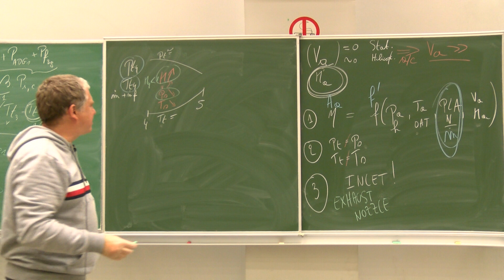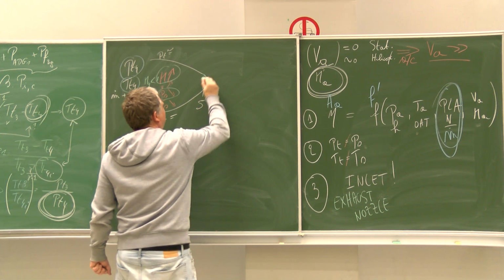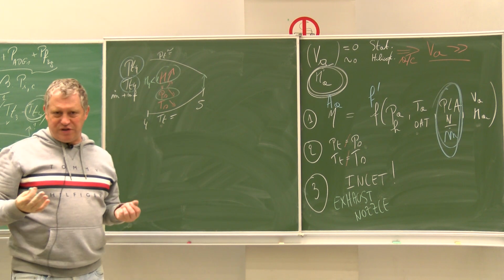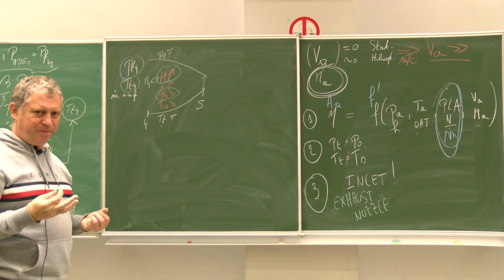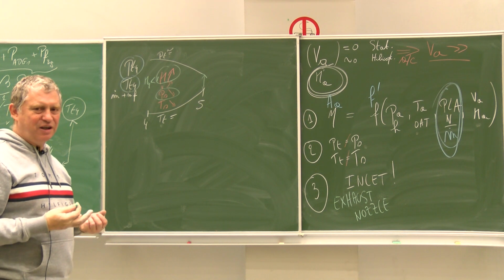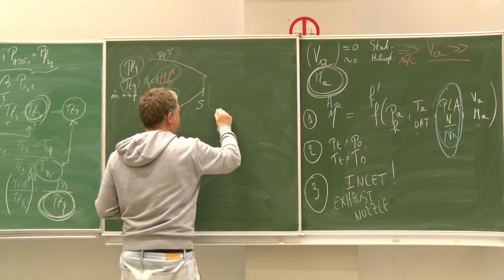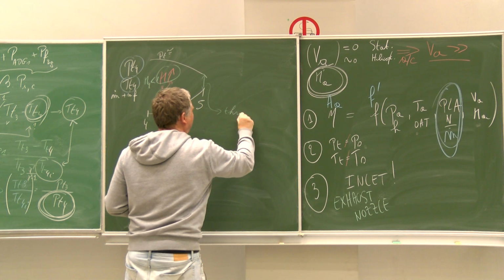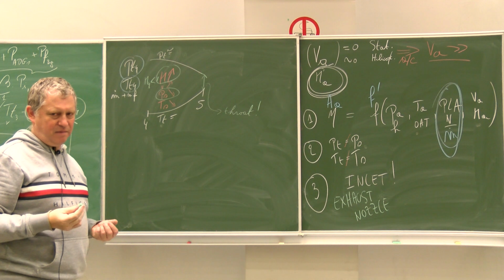What are the limits? I have created an exhaust nozzle with a smaller geometry, smaller area, smaller section at the exit compared to the intake. So I have introduced a throat, a minimum section.